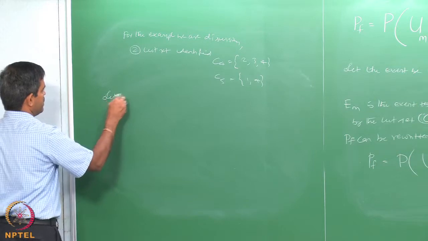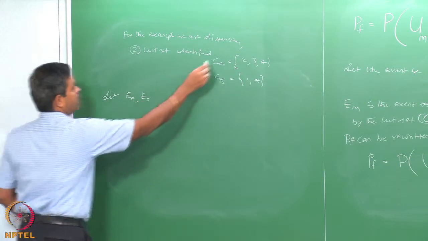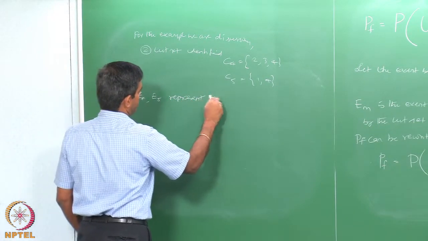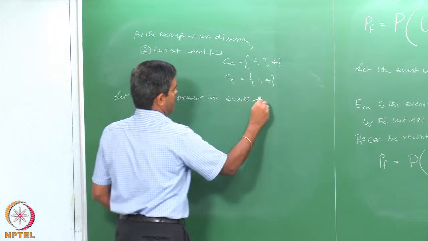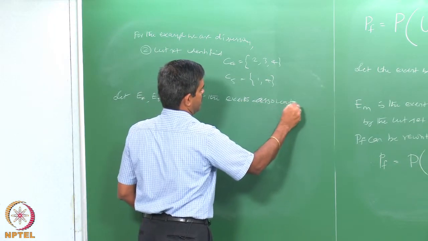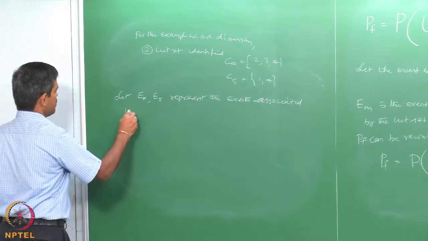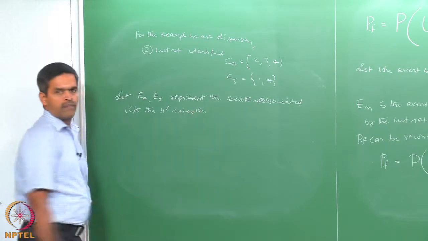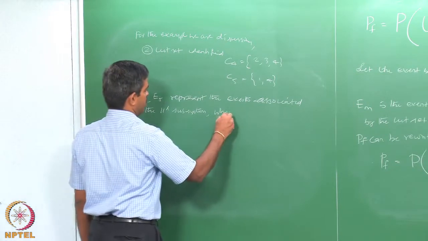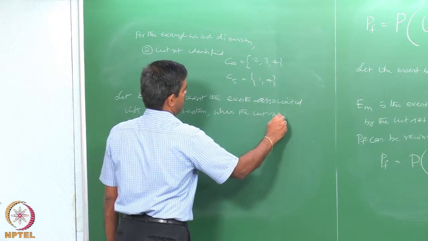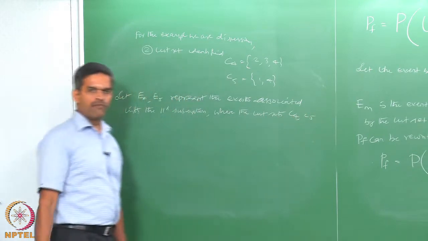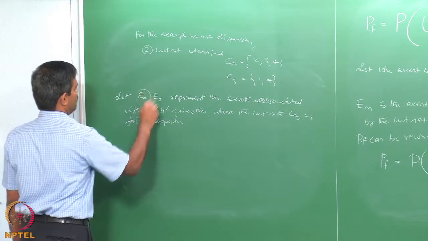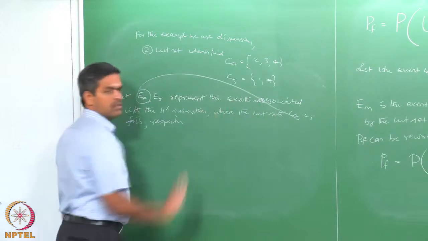Therefore, let E4 and E5 represent the events associated with the parallel subsystem where the cut sets C4, C5 fail, respectively, because E4 is associated with C4 and E5 with C5.